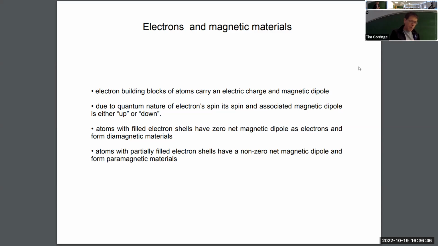On the other hand, paramagnetic materials are generally ones where the atomic shells are not completely filled, and you have an unpaired electron. That's typically the source of paramagnetic materials. Those are two fundamental classes of materials, and we're going to start with the paramagnetic case.